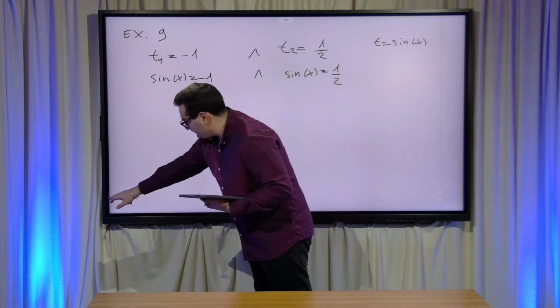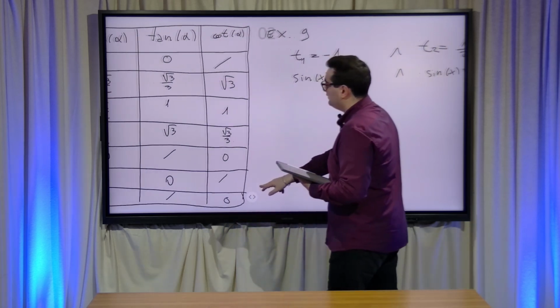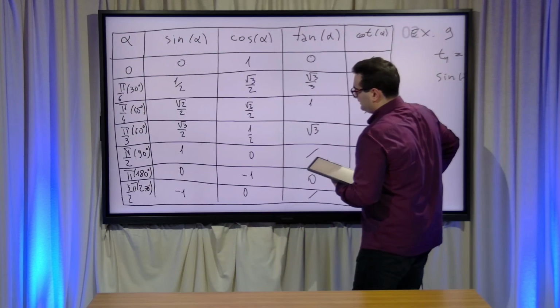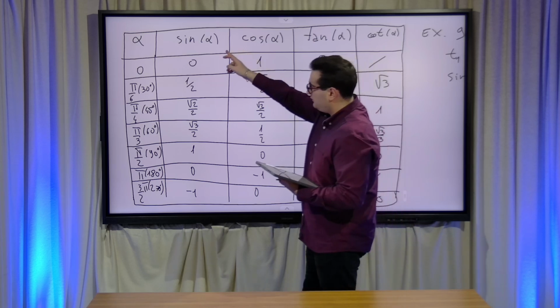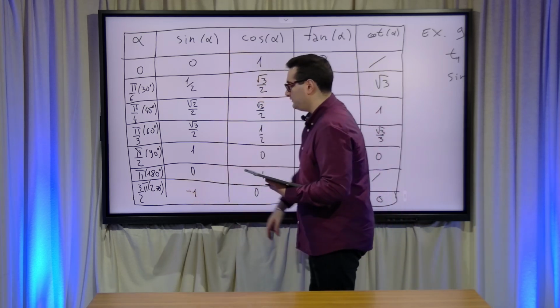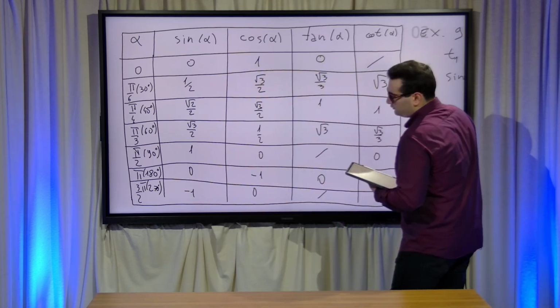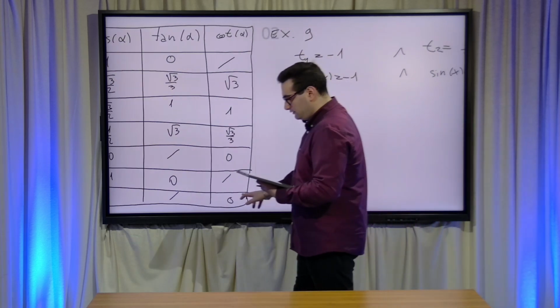Let's look again in the table: sine of alpha is equal to minus 1 when the angle is 270 degrees.